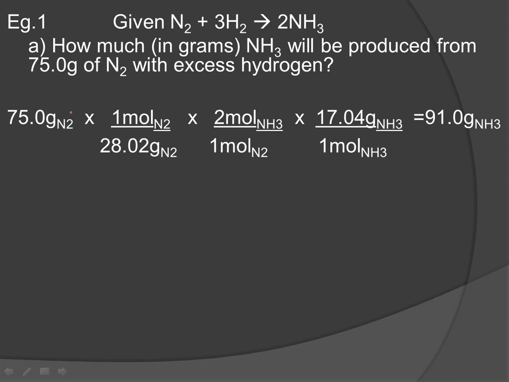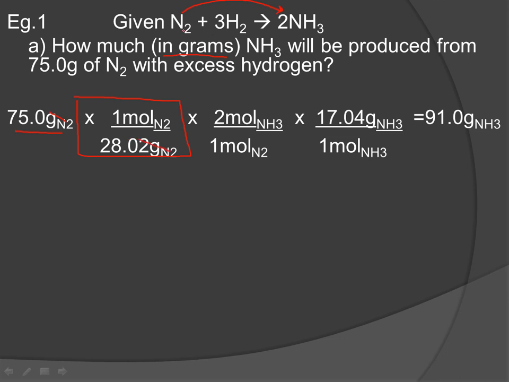What you should have got is taking the 75 grams of nitrogen from this reaction. Again, make sure the equation's balanced. We take our 75 grams of nitrogen and we want to convert it into product, ammonia, NH3. How much could we actually produce from this? We want to do it in grams, so we take our mass of nitrogen and use our conversion factor to convert to moles of nitrogen.